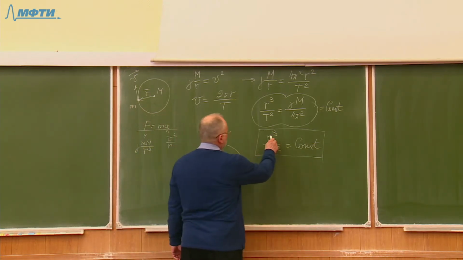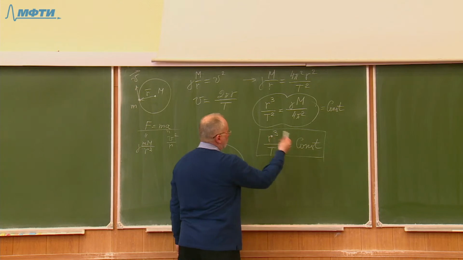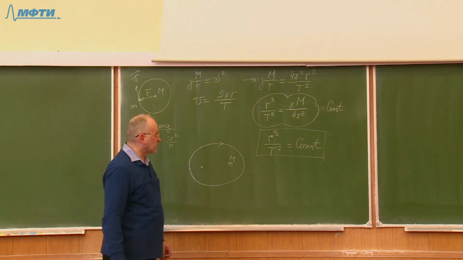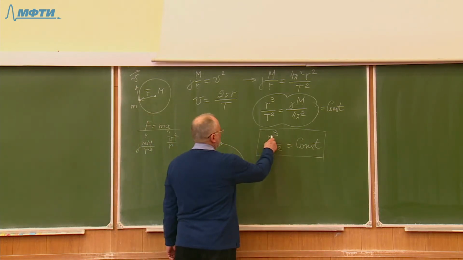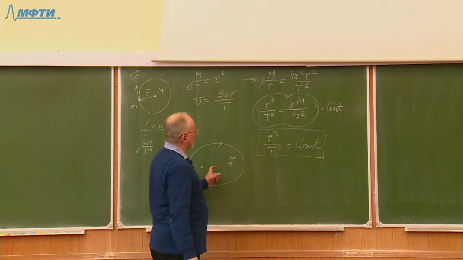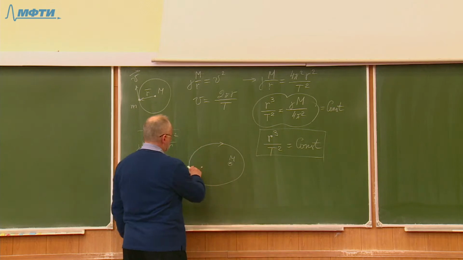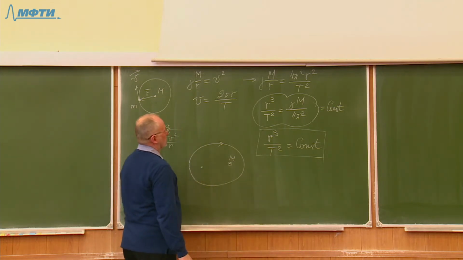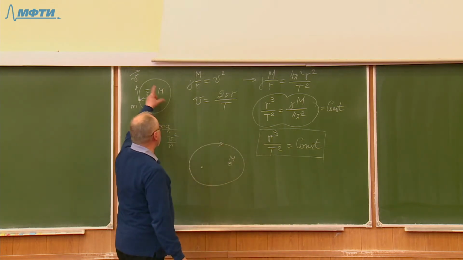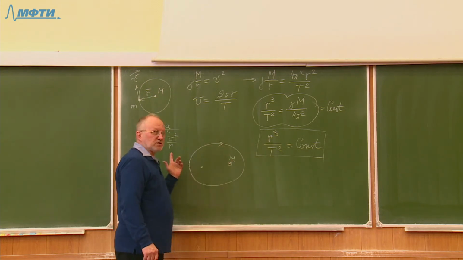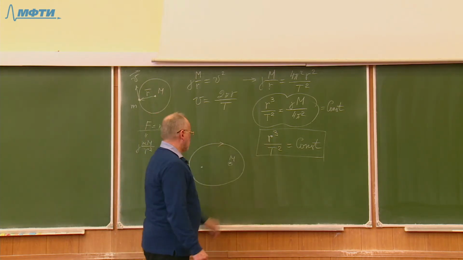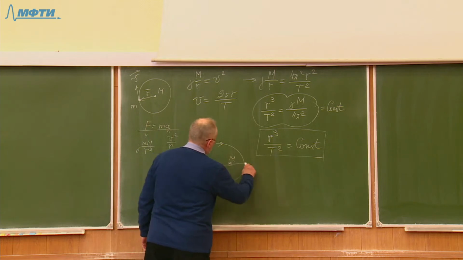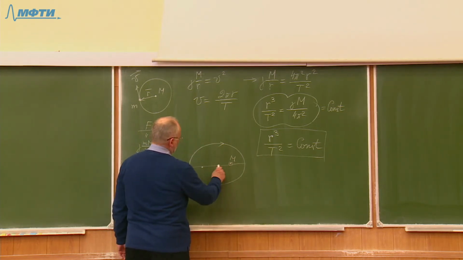In this case, what will change in this law? Nothing will change. But r should be, in this particular case, another quantity. It will not be the radius of the circle, because here the orbit is not circular. R will be the semi-major axis.